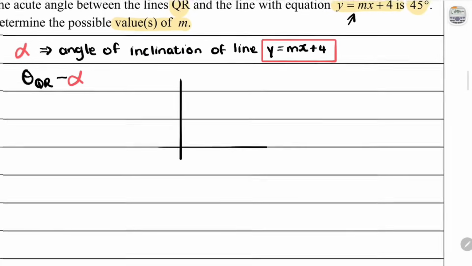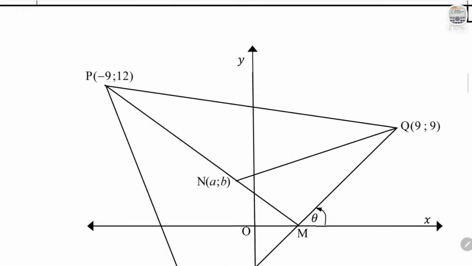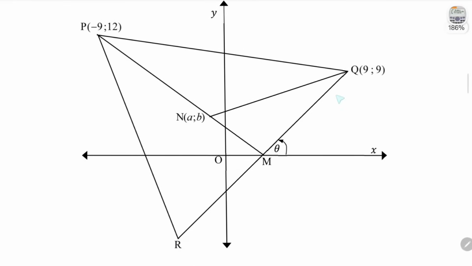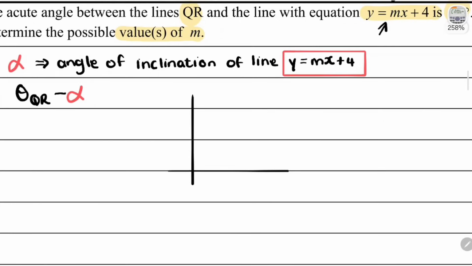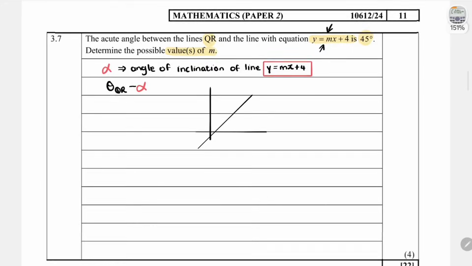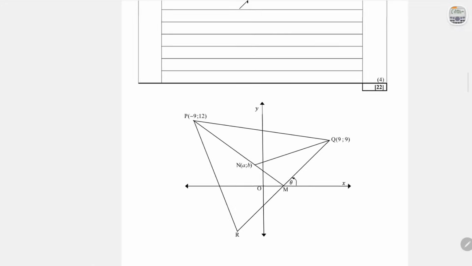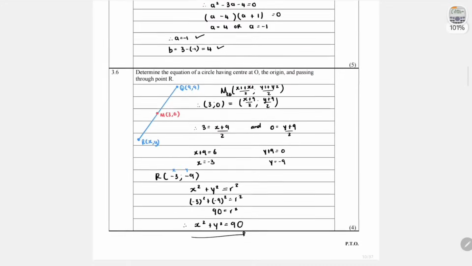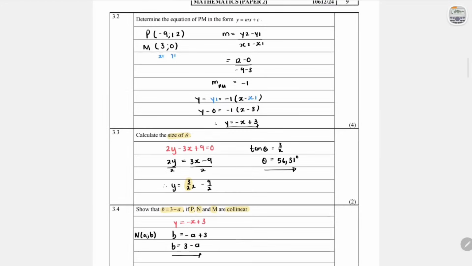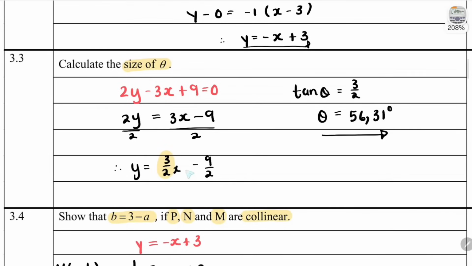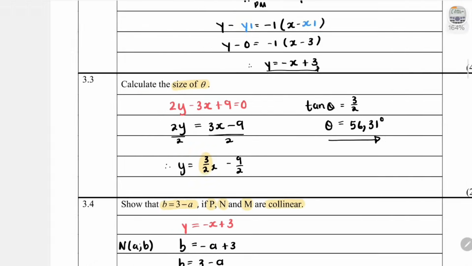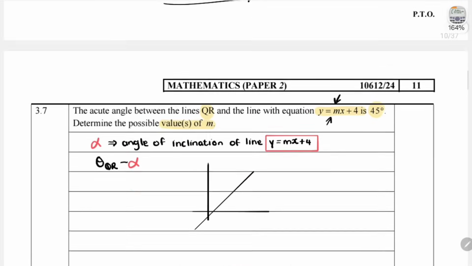So we're going to have the line QR, which we already know what it looks like. QR is this line over here. It's an increasing function. Okay, so we have QR and it has a y-intercept. Let's just remember, what was that y-intercept? We definitely have it because we found the equation of it at some point because we needed the gradient. Okay, so the y-intercept is -9/2. Let's just put that down over there.